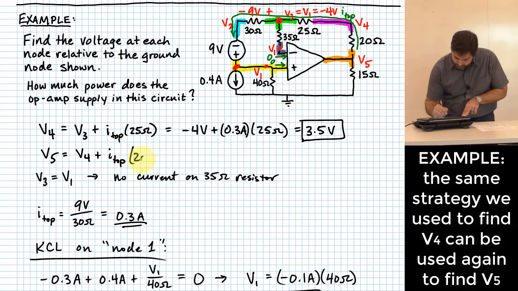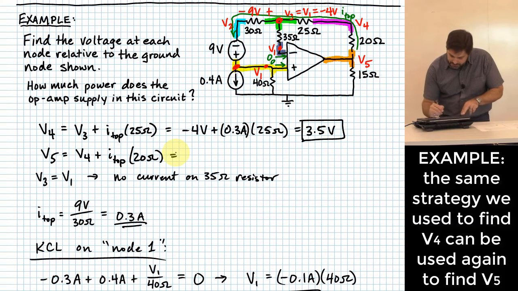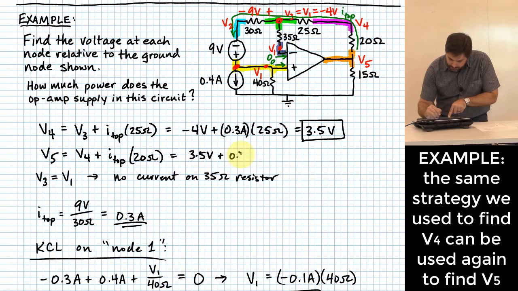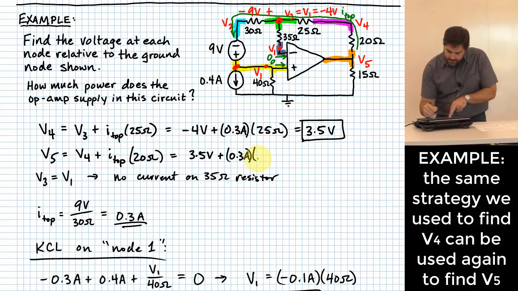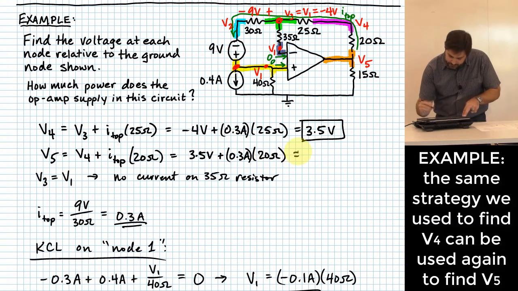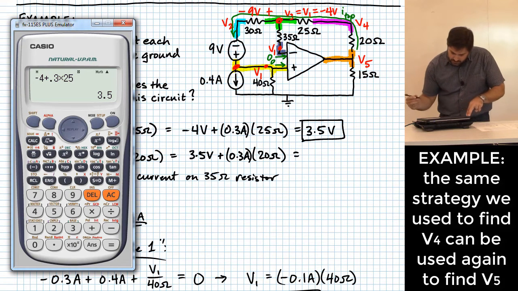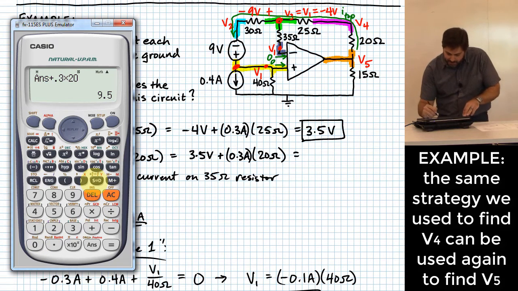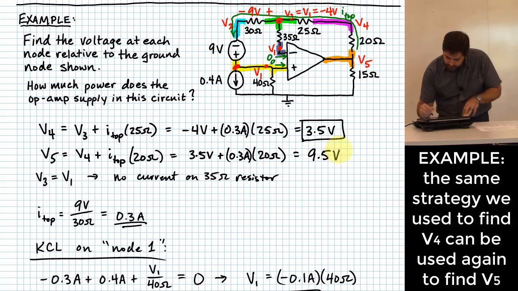Times 20 ohms. So this is going to be 3.5 volts plus 0.3 amps times 20 ohms. I already have that there, so I can just add to it 0.3 times 20. That gives me 9.5 volts.